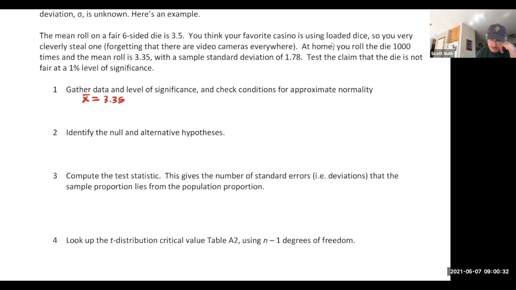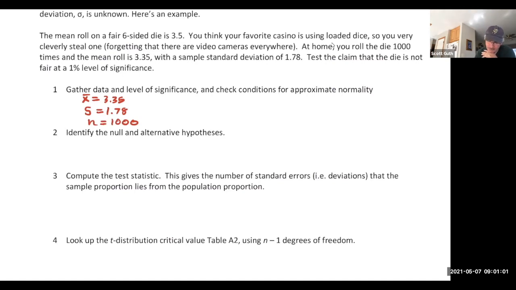It's not the 3.5, that's the population mean, which will come later. And by the way, it's a hypothetical mean. They give a sample standard deviation of 1.78. And the sample size looks like is 1,000. You're that bored. You roll the die 1,000 times. Any questions?